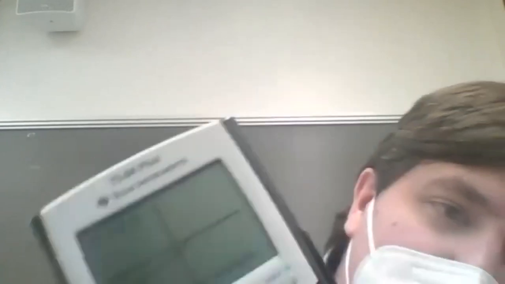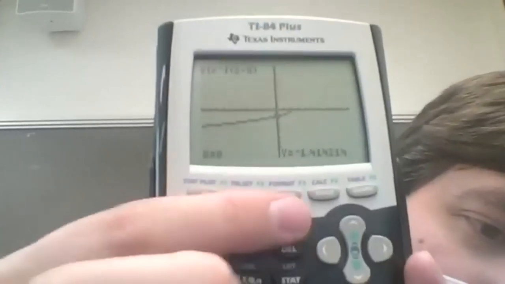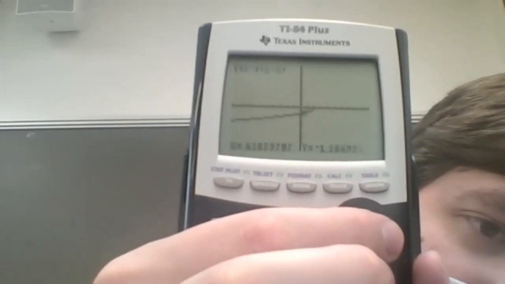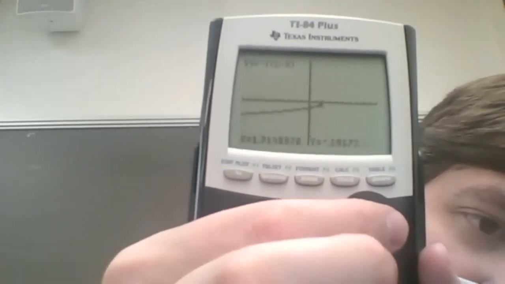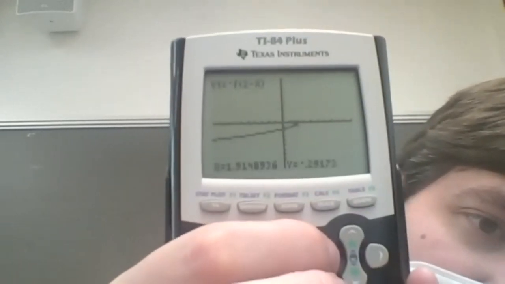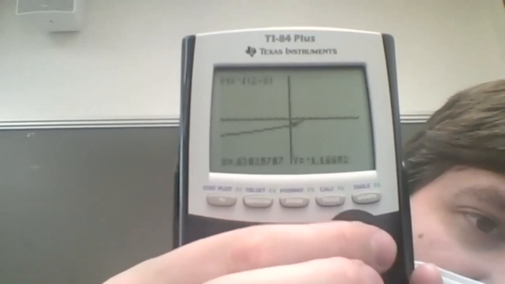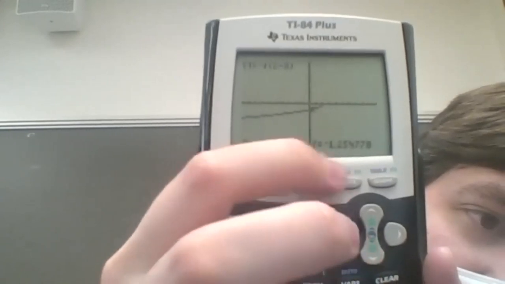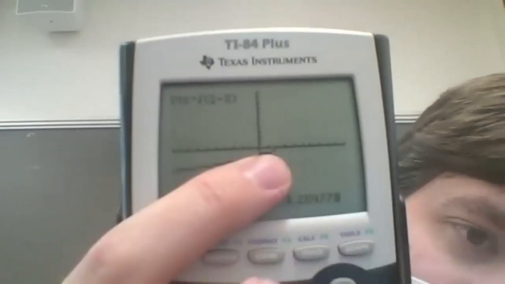You can use the arrow keys to move back and forth here, and you'll notice it's undefined because it only goes so far. You can see that it hits on the second tick mark, which is at -2. So I'm going to draw a rough sketch of what this graph looks like.